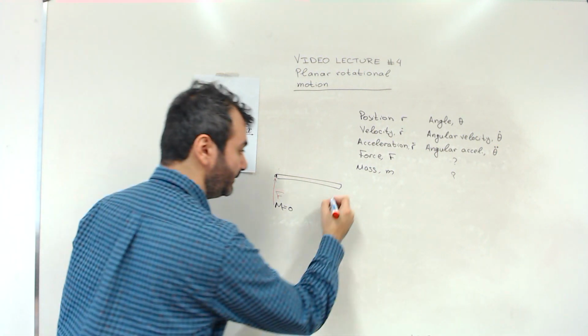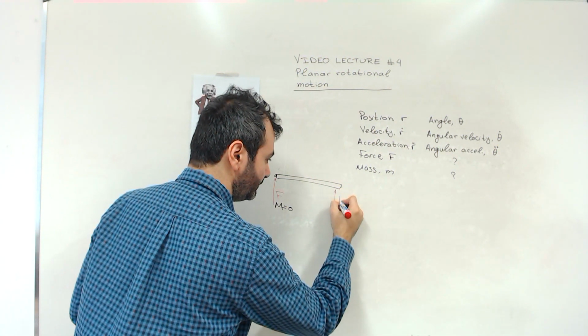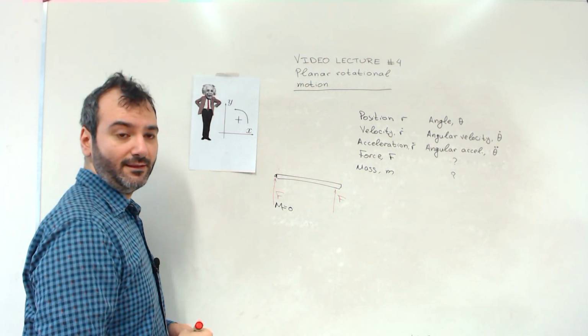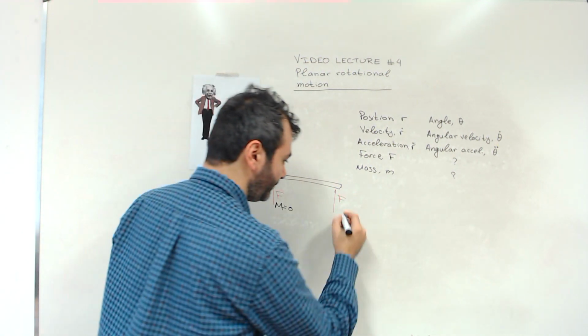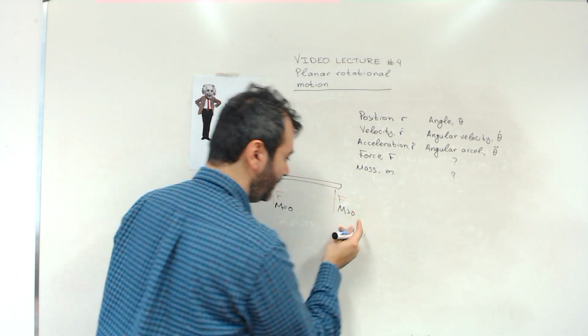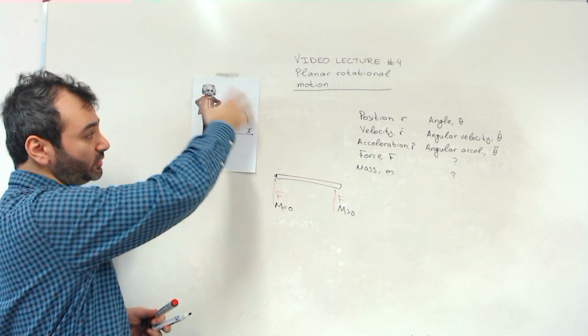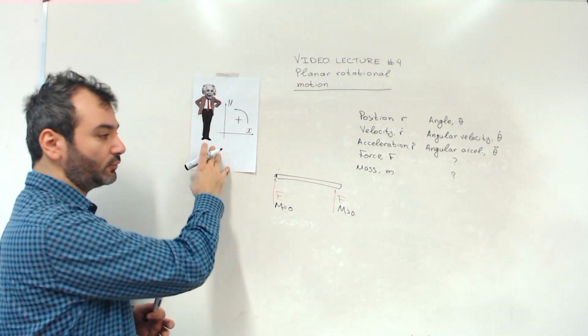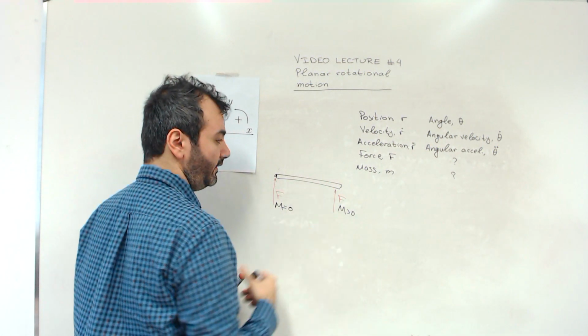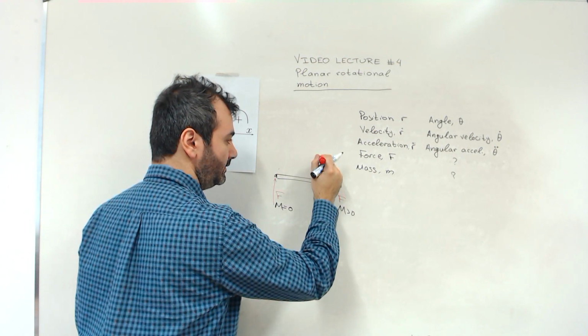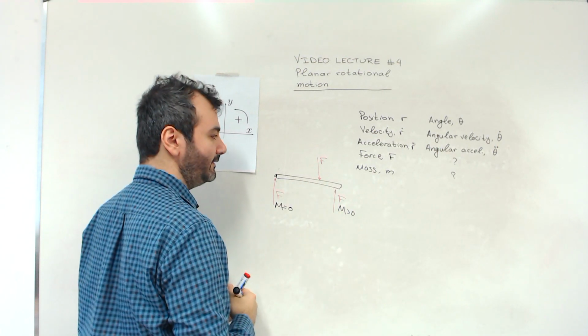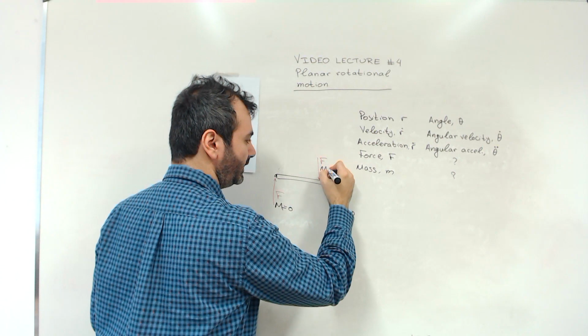For example, here, in which case apparently the effect will be a positive one. Positive in the sense that it tends to rotate the door counterclockwise, and counterclockwise rotations are positive according to this convention. And then a force like that will have a negative effect, but a non-zero effect in any case.